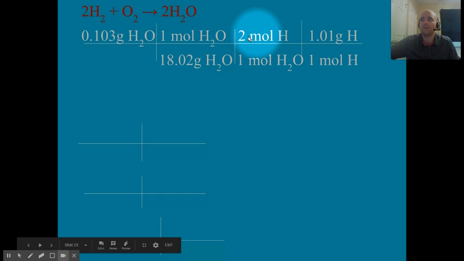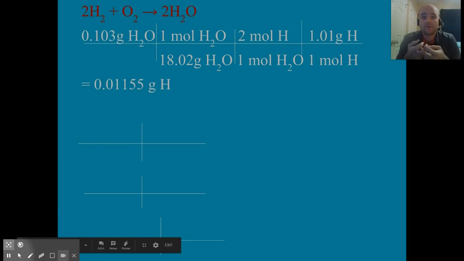That's where this 2 comes from. I have a 1 on the bottom and a 2 here. Then I'll convert moles to grams of hydrogen. I'll type this all into the calculator. I'll take the product of the top divided by the product of the bottom and get my mass of hydrogen.